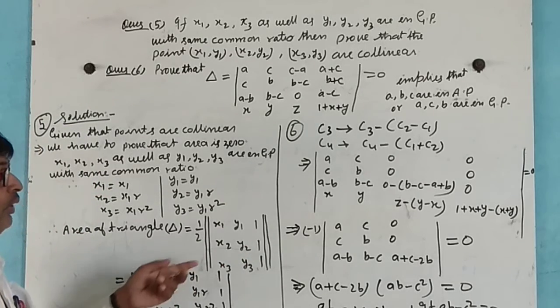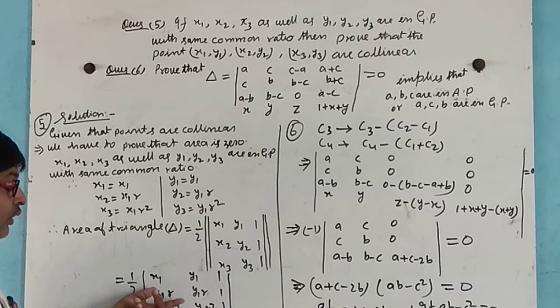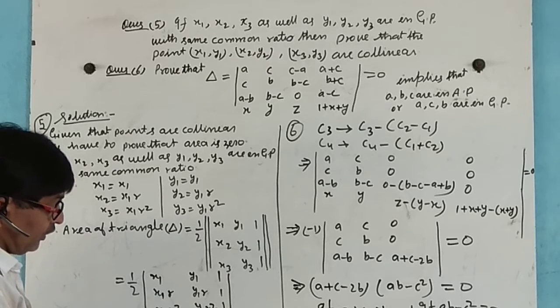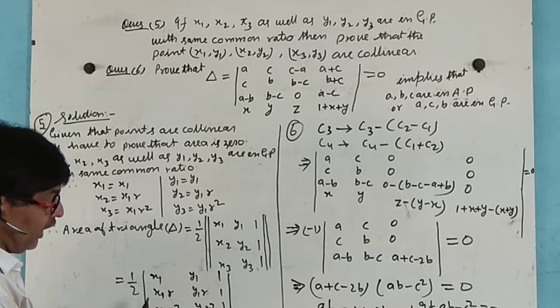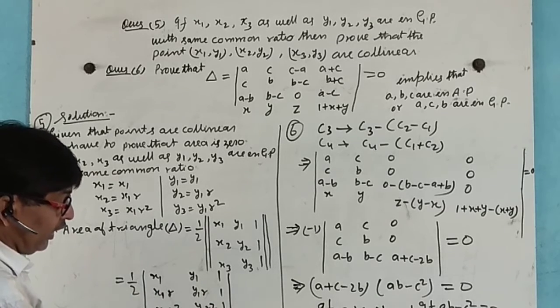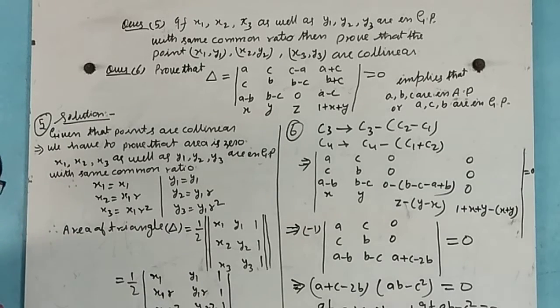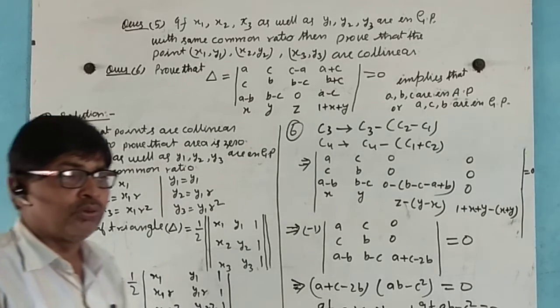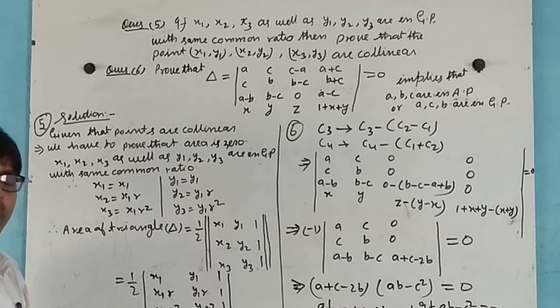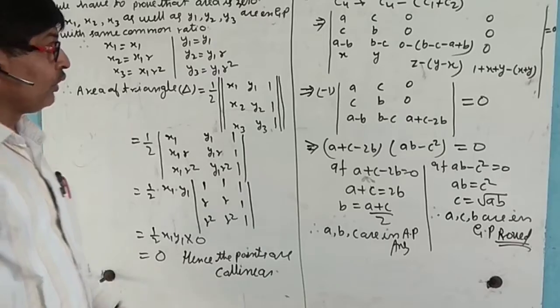Putting the values of x2, x3, y2 and y3, and taking common x1 and y1, we get columns 1, r, r square. As you know, if any two columns in a determinant are the same, then its value must be equal to 0. So the value of this determinant must be 0. Hence, the points are collinear.